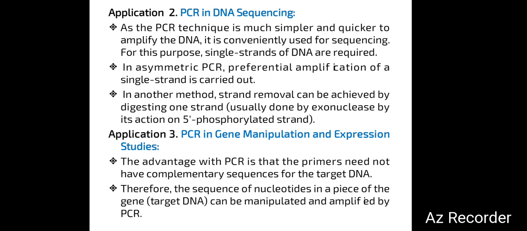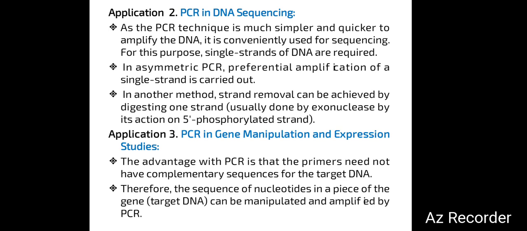Third application, PCR in gene manipulation and expression studies. The advantage with PCR is that the primer need not have complementary sequences for the target DNA. Therefore, the sequence of nucleotides in a piece of the target DNA can be manipulated and amplified by using PCR.